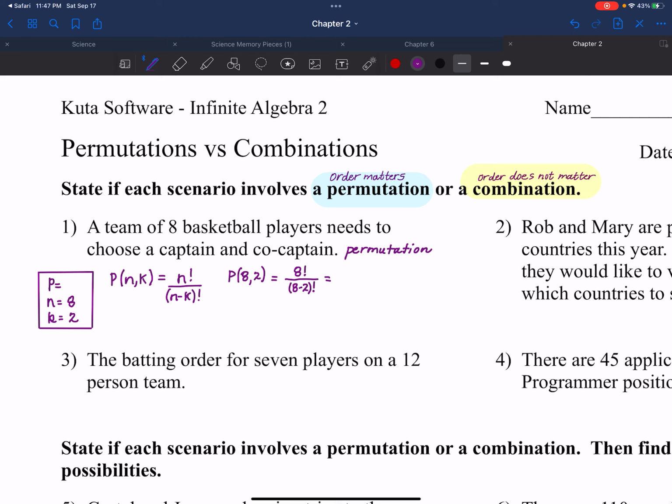So 8 factorial, that's going to be all clear, 8, shift 3, is 40,320, over 6 factorial, which is 720. And when you divide that out, you get 56. So the number of permutations, the number of possible ways to arrange these folks, is 56.